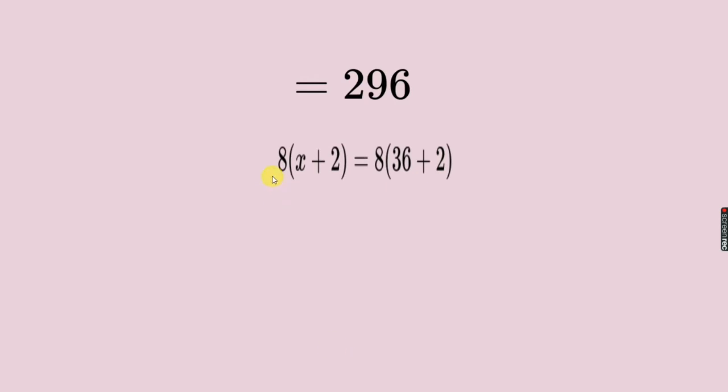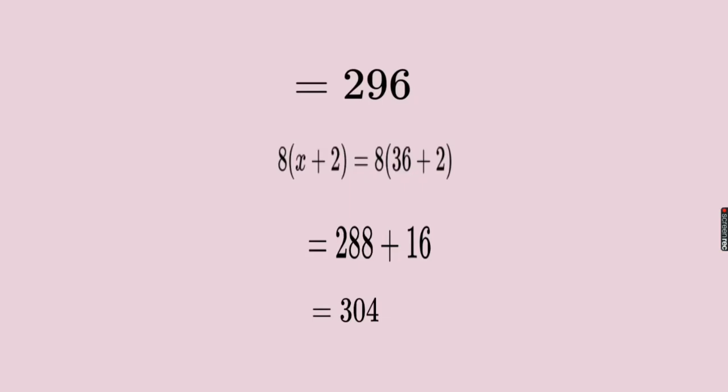Now for the third one, 8 into x plus 2. Substituting the value of x, that is 36, we got 8 into 36 plus 2. Now 8 into 36 is 288, and 8 into 2 is equal to 16. Adding them, we got 304.